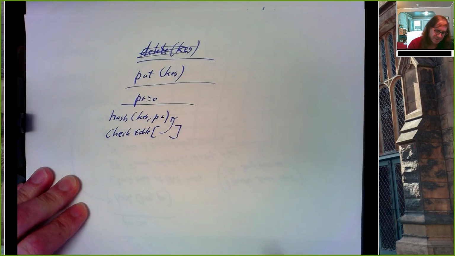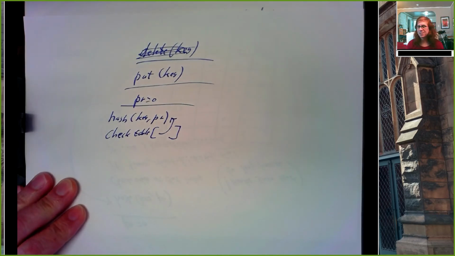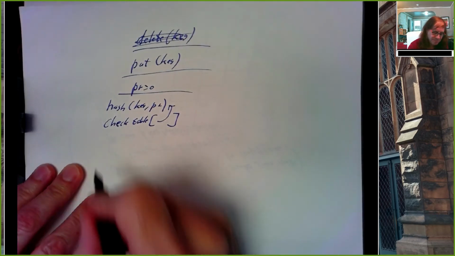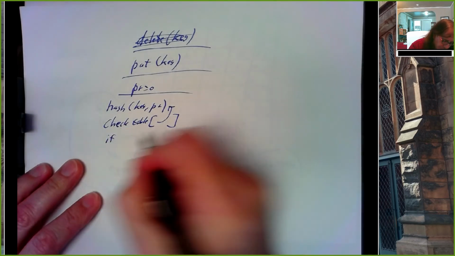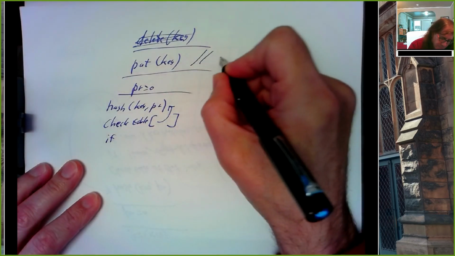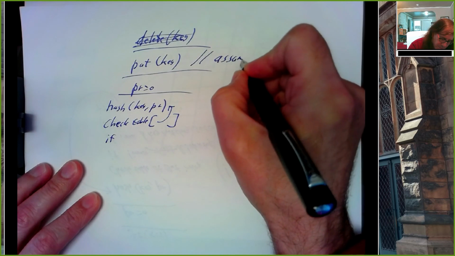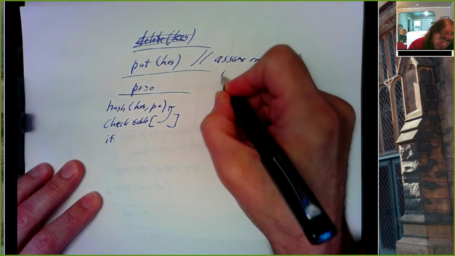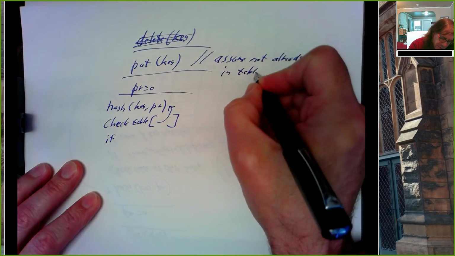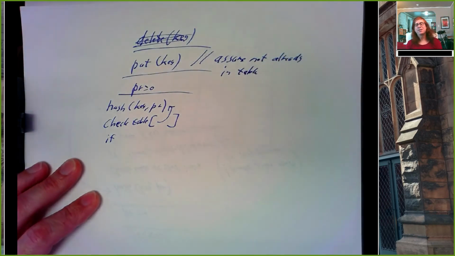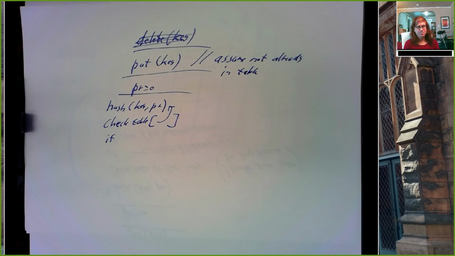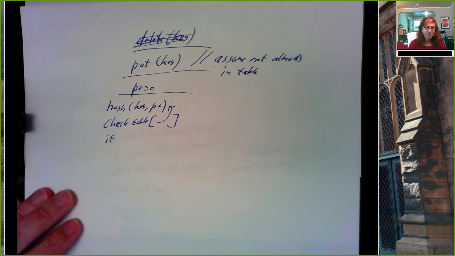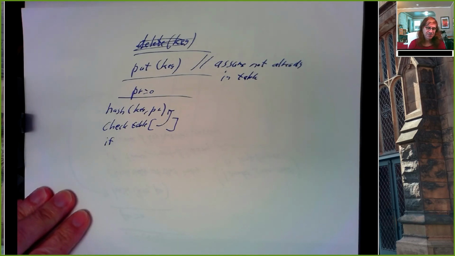Check the table at that location, that index. And I'm going to make an assumption in here. We're going to assume that this key is not in the table to begin with. So do a search first. So assume the key is not in the table to begin with.